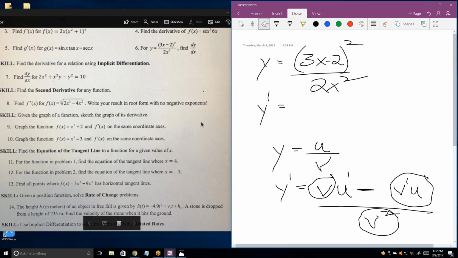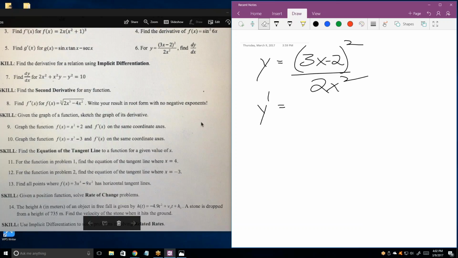Okay, so let's apply that to this function. What's y prime going to be? So 2x squared times 2 times 3x minus 2.